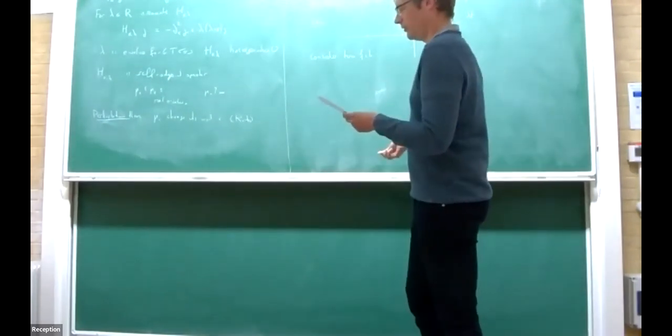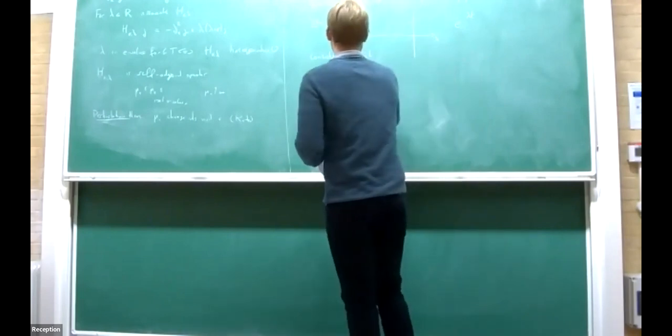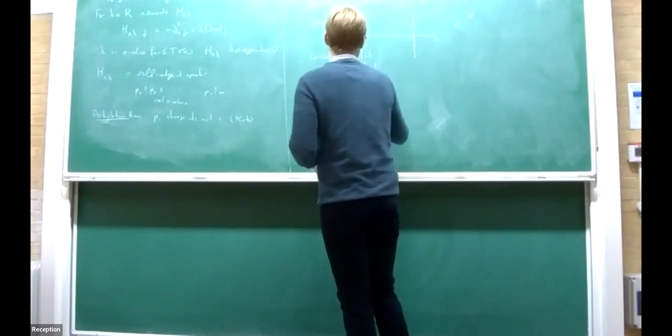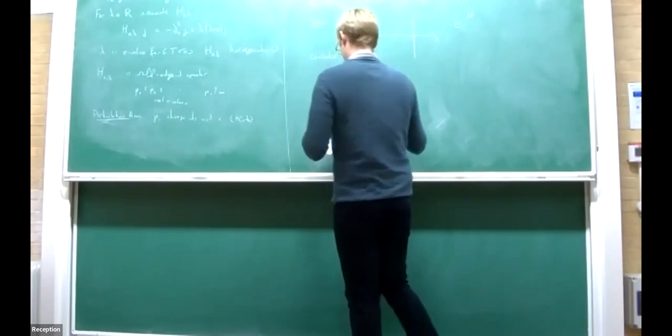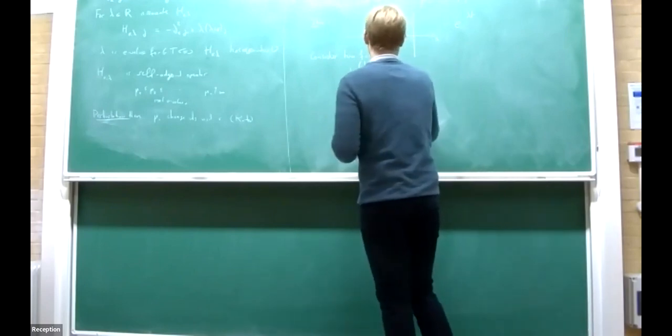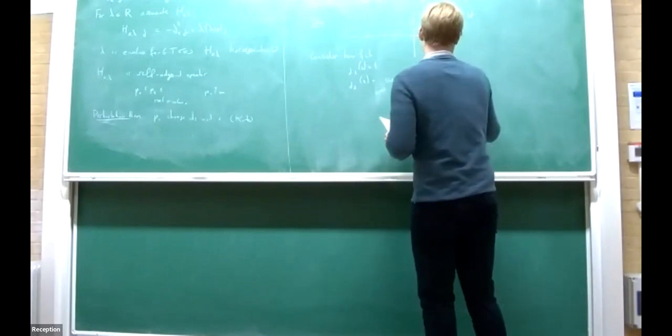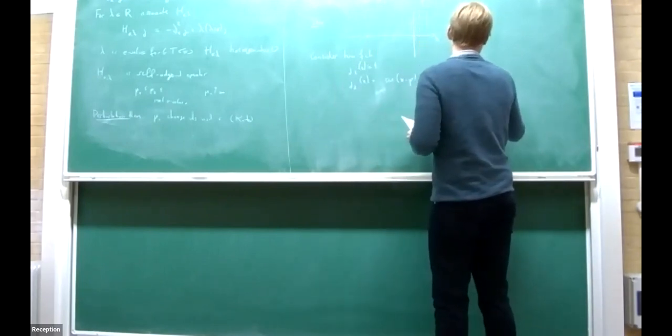So we consider these two functions, j1 of x, which is just equal to 1, and j2 of x, which is sine x to x minus 1, where phi is a parameter we can choose.